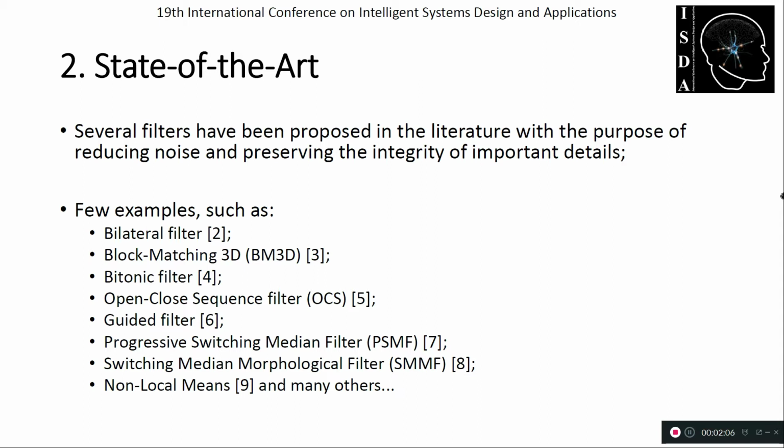A few examples are the bilateral filter, the block matching 3D, the bitonic filter, the morphological open-close sequence filter, the guided filter, the progressive switching median filter, the switching median morphological filter, the non-local means, and many other filters have been proposed in the literature.